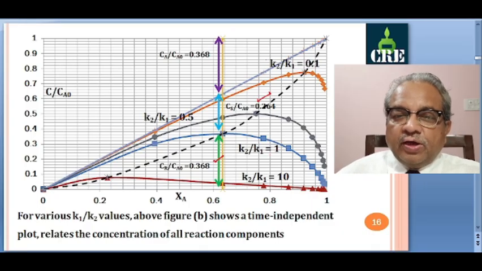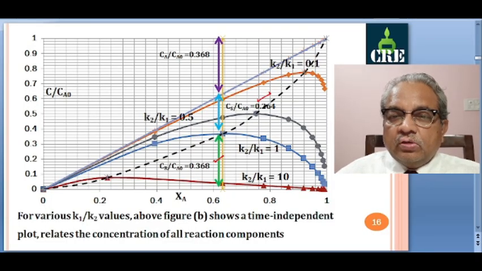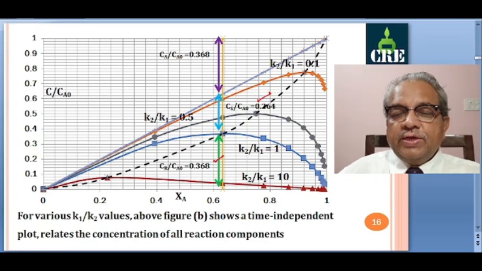If I want to find this, say, for 80% conversion, you can find it here for K2 by K1 equal to 0.1. This will represent CR by CA0, this will represent CA by CA0, and in between, the remaining segment is CS by CA0.